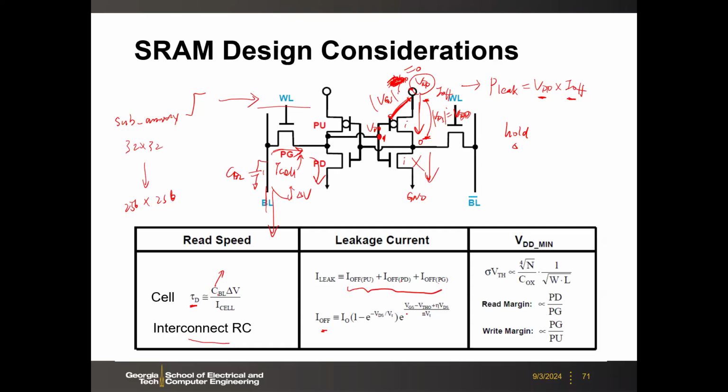So for example, when you are not using your phone and it is in standby mode, you have a large cache that holds some data. The SRAM cache is leaking. That's why your battery is draining over time, even when you are not doing anything.